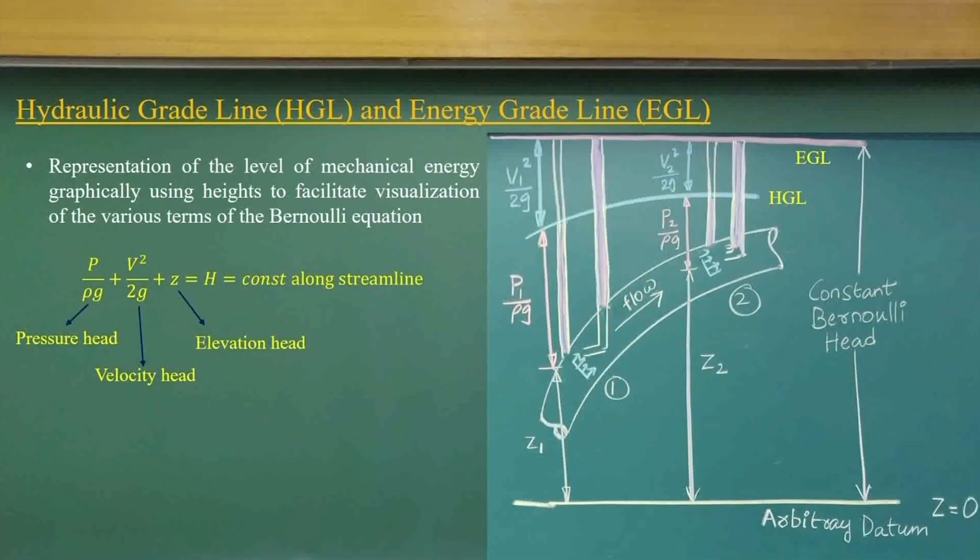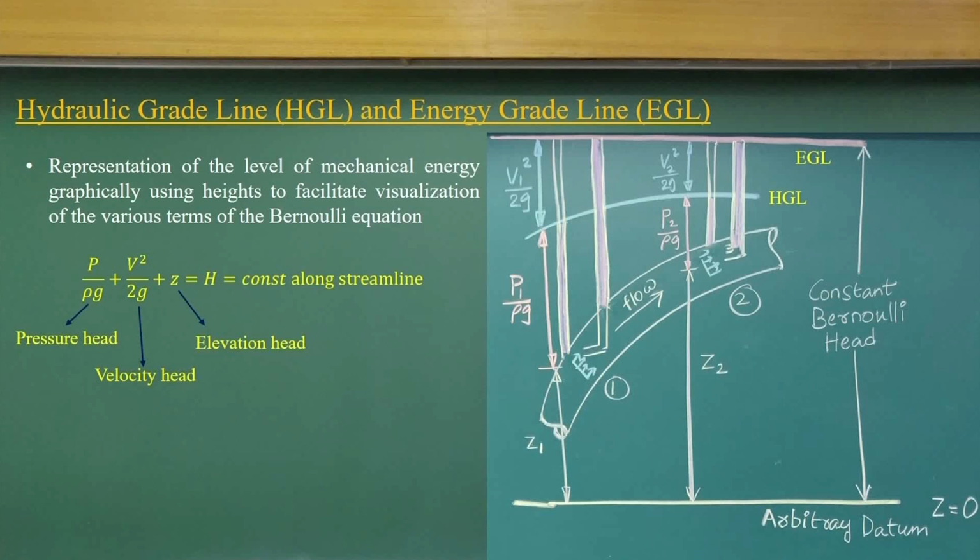Now another interesting application of Bernoulli's equation is the energy gradient line and the hydraulic gradient line. These are great simplifications of fluid flow problems. Like you may have fluid flow problems with different pipe arrangements, duct arrangements and all. Any flow can have different flow distributions, but consider the total energy along a streamline.